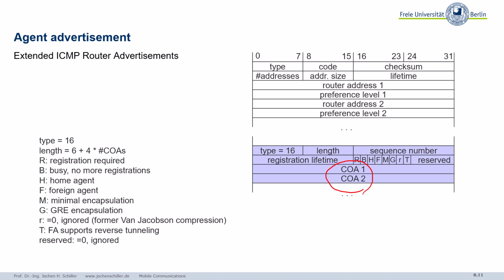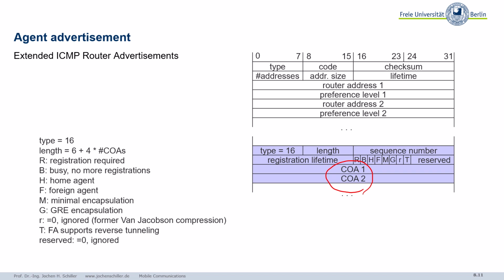That's quite important. You will also learn what kind of encapsulation is used. So that's quite important because we have to create the tunnel. We see examples for this. And if it supports so-called reverse tunneling. I will come back to this on some of the slides.